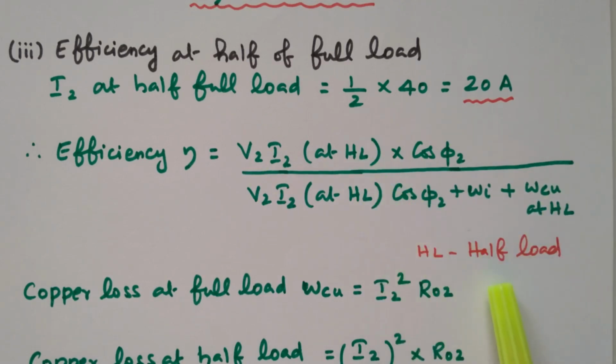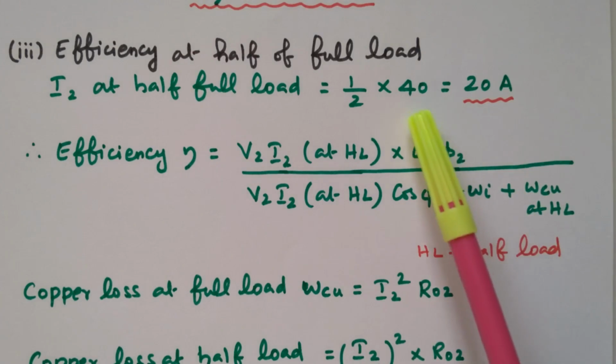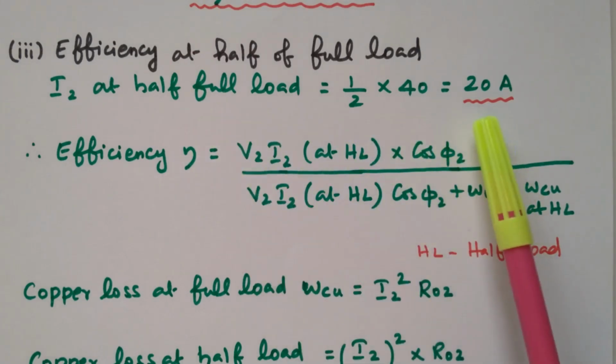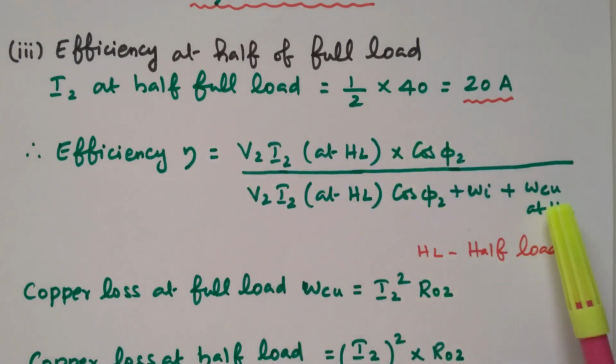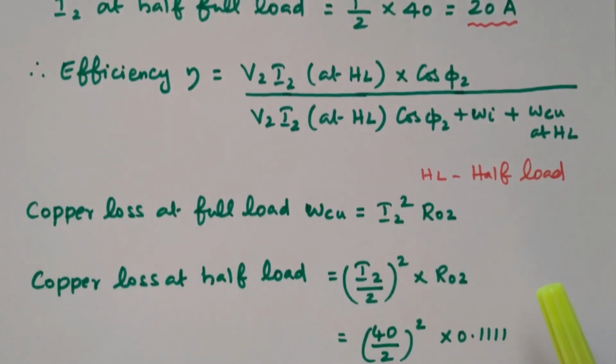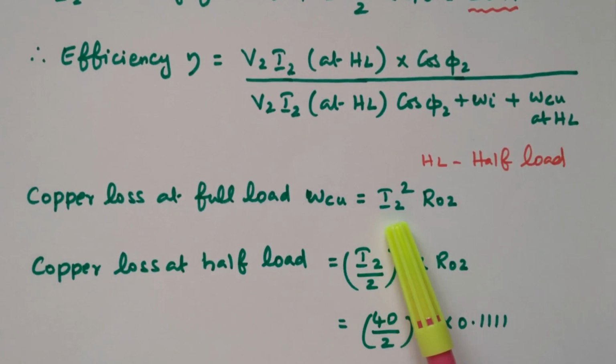This HL refers to the half load: the current at the half load, the copper loss at the half load. Full load means 40 ampere, so at half load the current becomes 20 ampere. Similarly, we need to find the copper loss also. The copper loss at full load is I2 square R02.